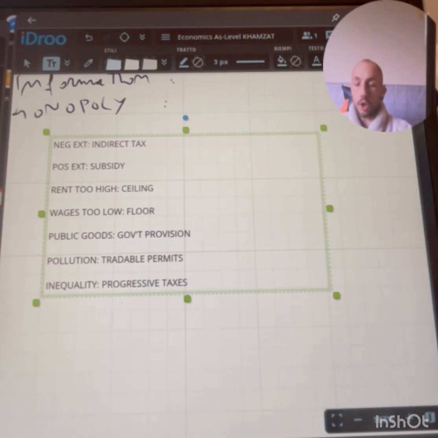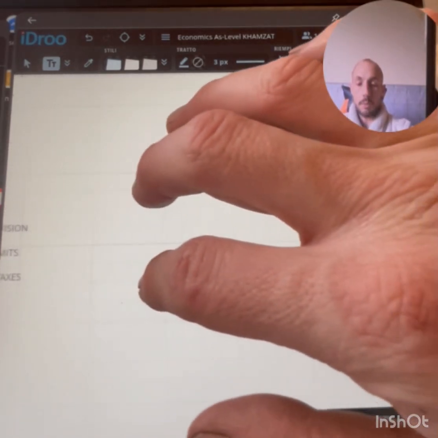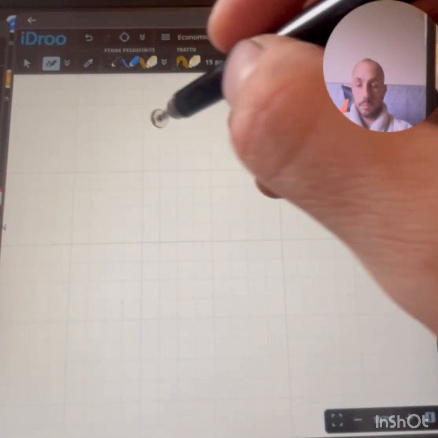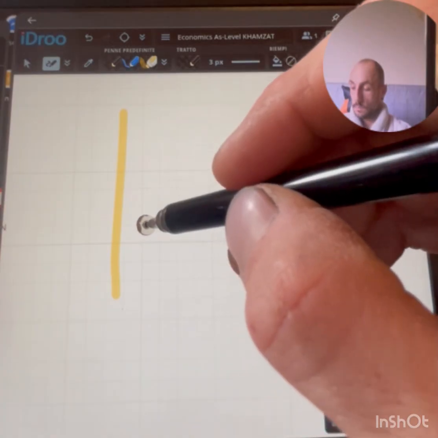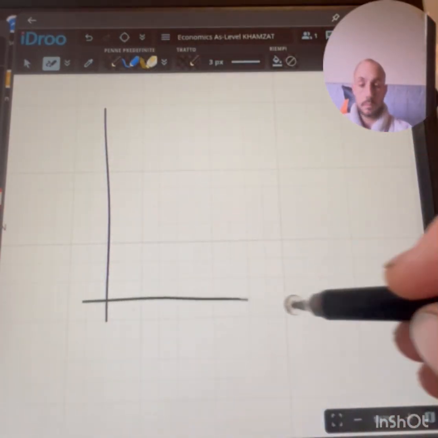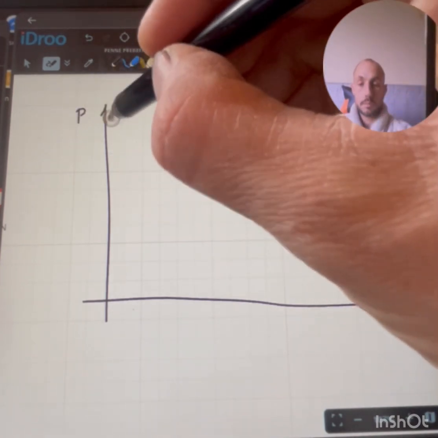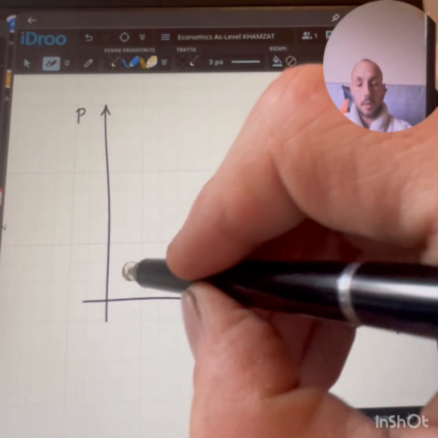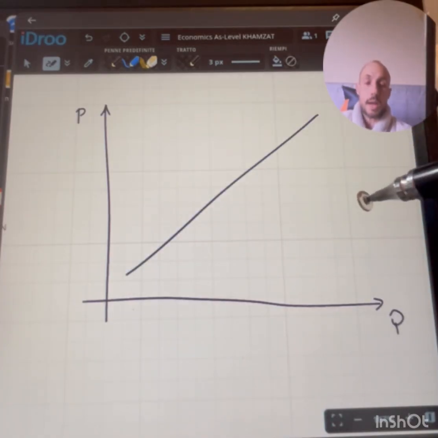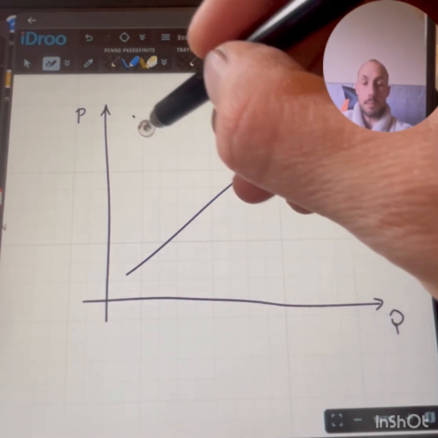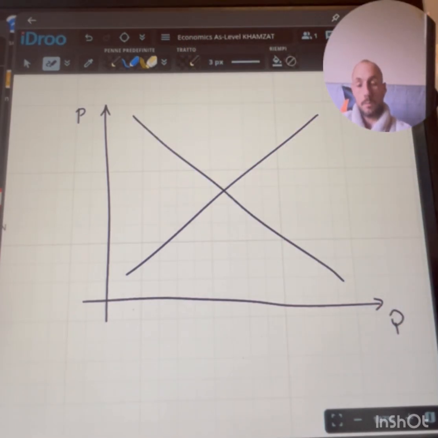Okay, so let me talk a little bit about the tradable permits. So look, this is the supply of, I don't know, steel with the corresponding supply of pollution, and this is the demand of pollution.